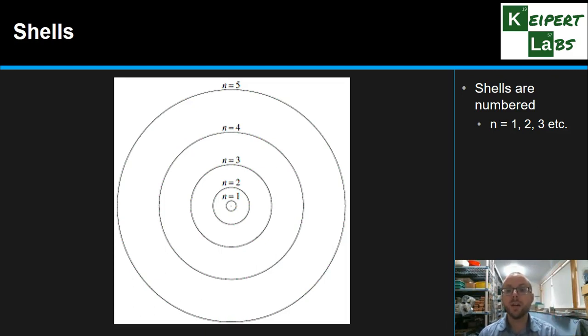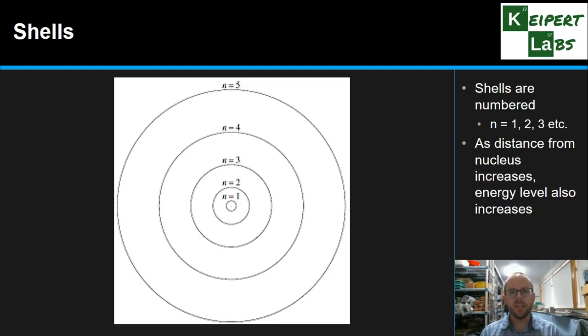We don't have an infinite number of shells, because even the largest elements that we know of, or that we've been able to create so far, only have 118 electrons. Obviously that is a lot of electrons, but we're not talking thousands here. We're talking a very specific, relatively small number. From the smallest elements going up, we might only have 1, 2, or 3 electrons to place. But the idea is that we start from the center, where these shells are based, and then move our way out.